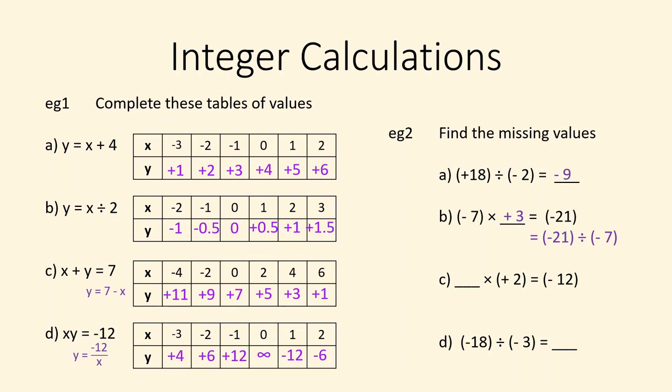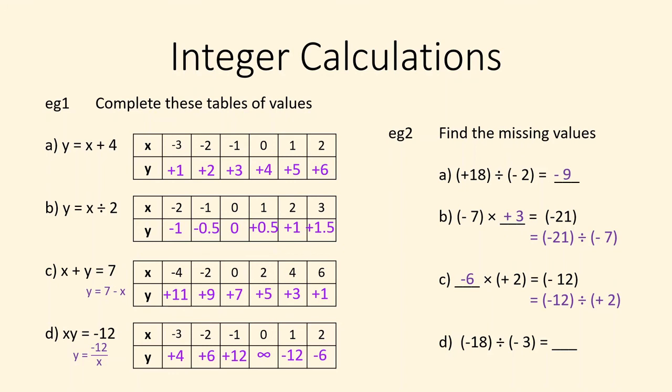Question C, similar to B, maybe you want to rearrange that on your own first. We want to know what the blank is, so let's get that blank on its own. Opposite of multiply is divide, so let's move the positive 2 to the other side, and we'll do negative 12 divided by positive 2. Negative divided by positive, our signs are opposite, so our answer will be negative. 12 divided by 2 is 6, so negative 6.